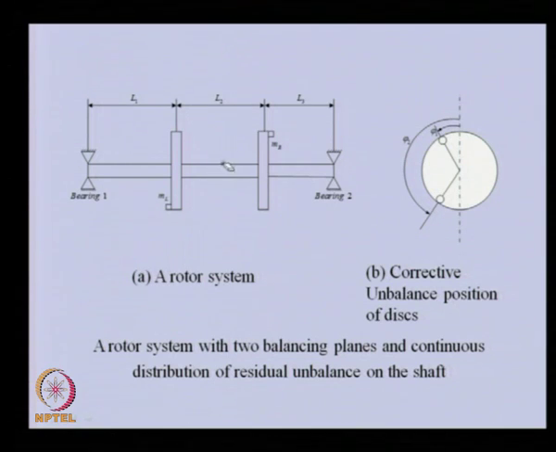and because we are doing a numerical simulation of the influence coefficient method, we will obtain the response of this rotor system using a numerical study. Instead of an experimental setup, we want to illustrate the method using a numerical model.